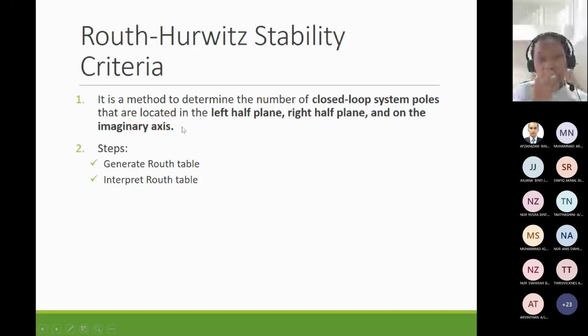To determine this, there are two steps we can use to find how many poles are on the left, on the right, or on the imaginary axis. The first step is to generate a Routh table, and then we interpret the Routh table to determine the number of poles.